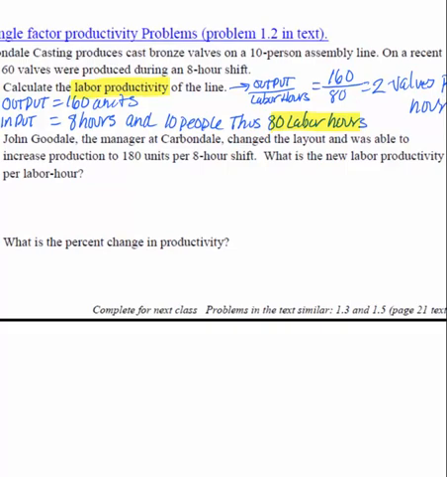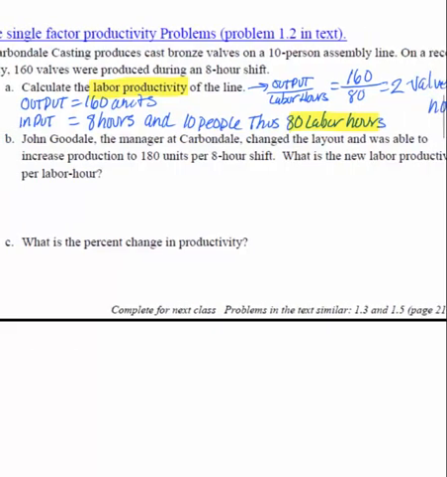Now, he's able to change the layout to produce 180 units per 8-hour shift. So now he wants to know what the new labor productivity is going to be. We're going to do the same thing. We're going to put our output, but now it's going to be 180.